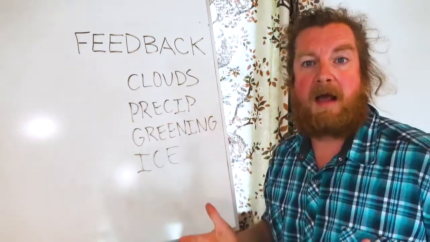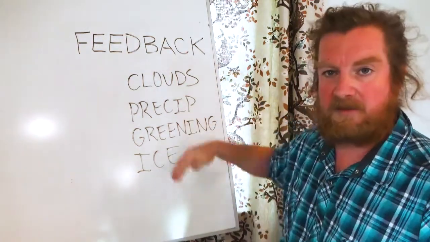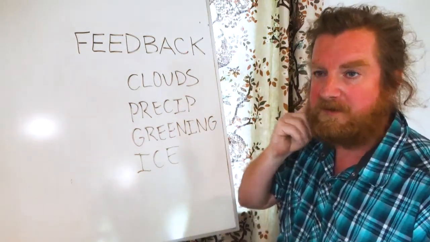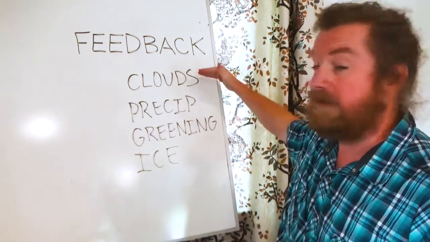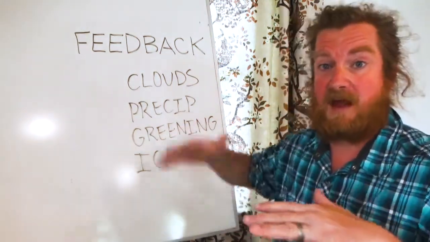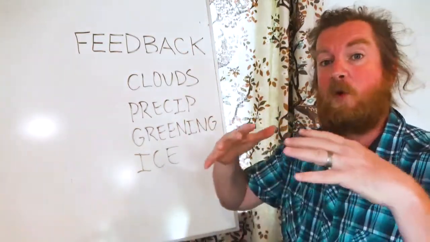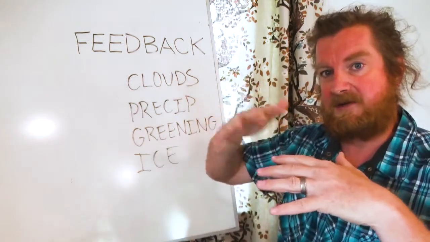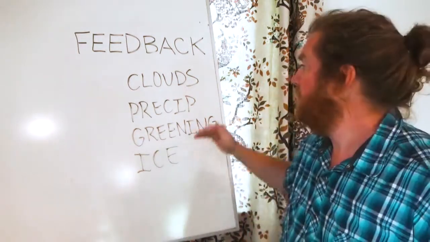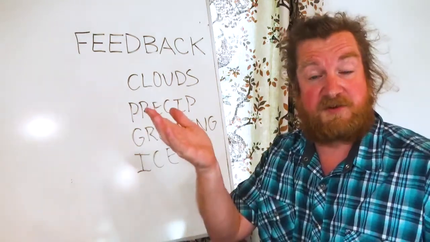The feedback mechanisms, we talked about the forcings, the feedback mechanisms in the climate realm, or at least in our context, are clouds, which, depending on the amount of clouds you have, energy will get reflected back to space. So the more clouds you have, the less energy you have into the system. Then precipitation: with increased precipitation, you have generally increased plant growth.